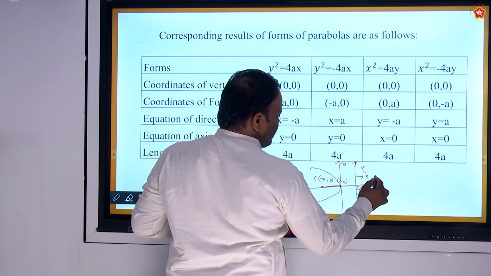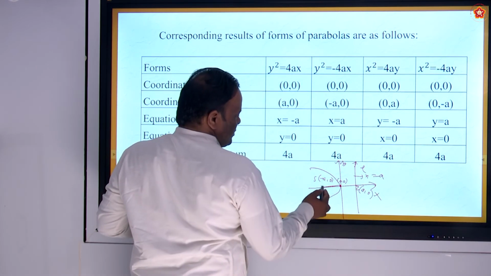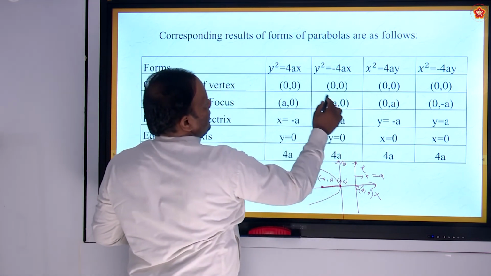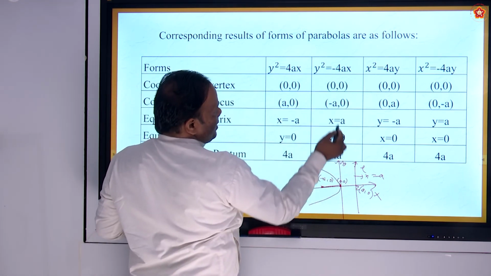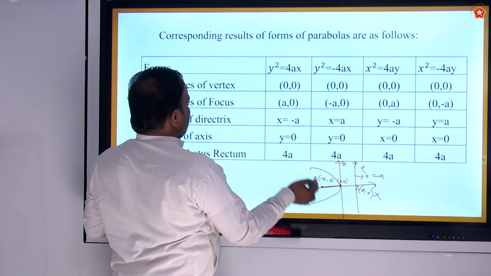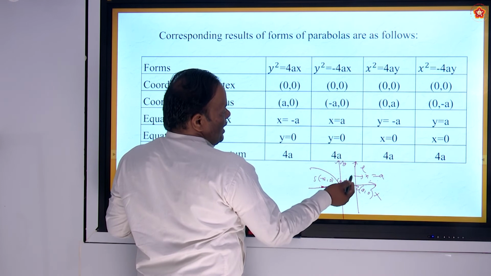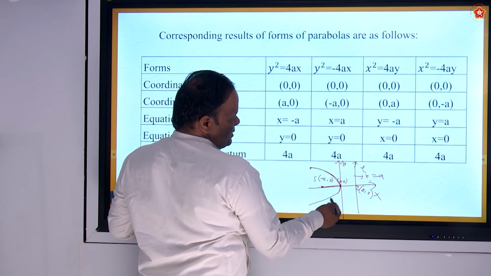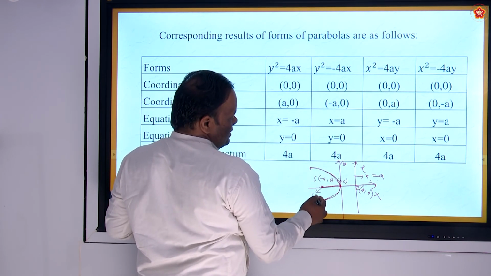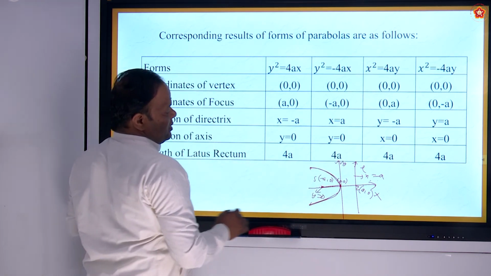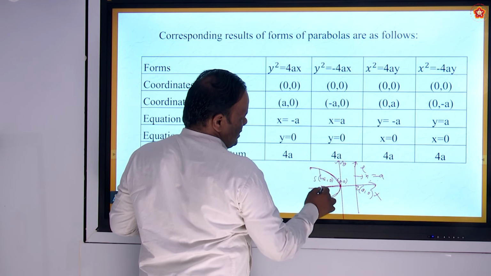Equation of directrix here is x equal to a. So coordinates of focus is minus a comma 0. The vertex is the same, 0 comma 0, and the focus is minus a comma 0. Equation of directrix: x equal to a. Axis of the parabola is again the x axis, so the equation of axis is y equal to 0.